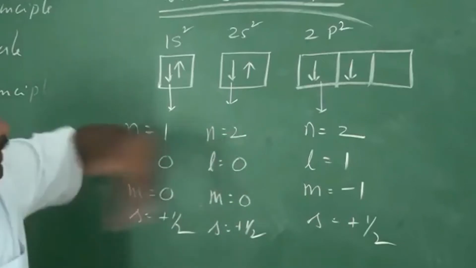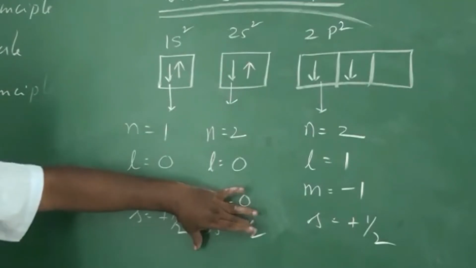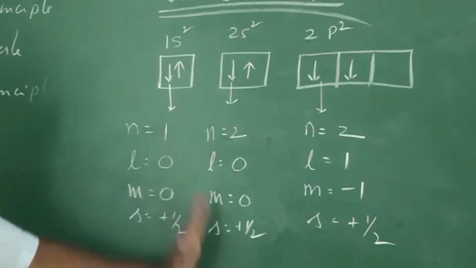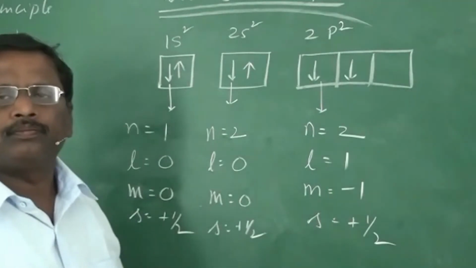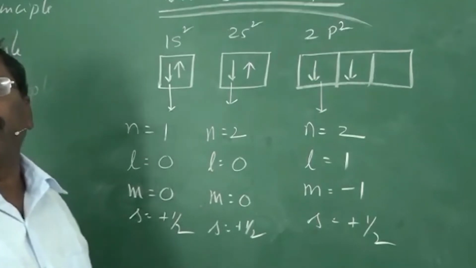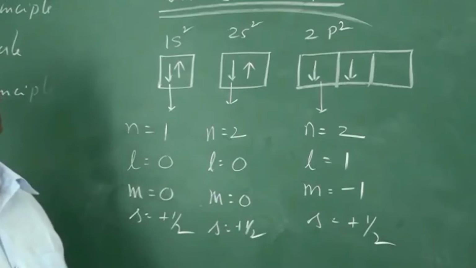You may compare any 2 electrons of an atom. They will have a specific set of 4 quantum values, and no 2 electrons will have the same set of 4 quantum values. No 2 electrons in an atom will have the same set of 4 quantum values. This is Pauli's exclusion principle.